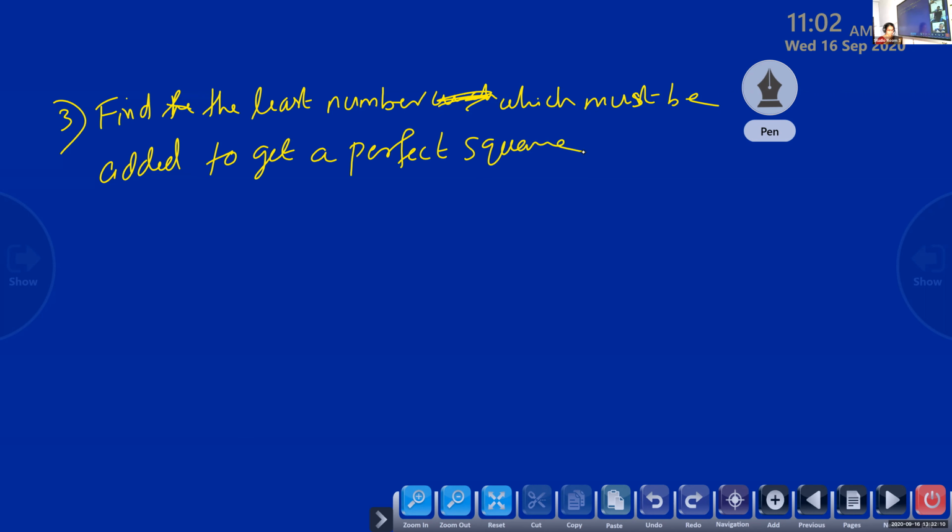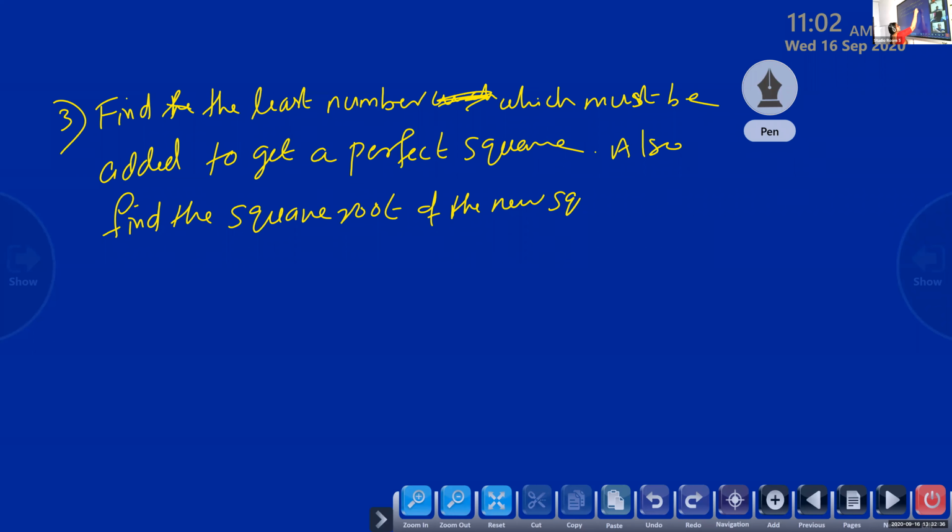Also find the square root of the new square number.